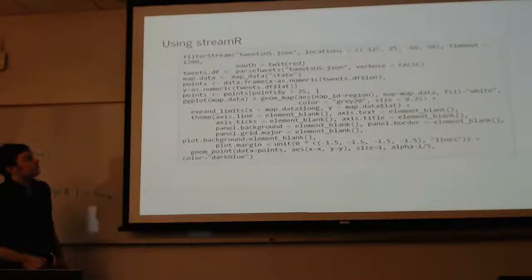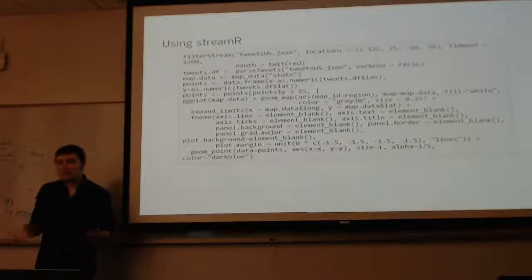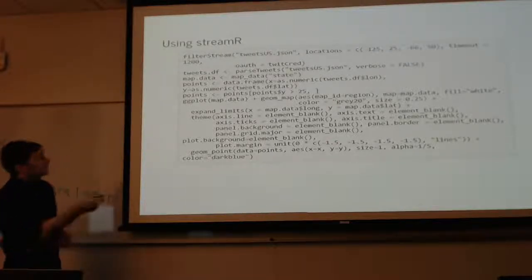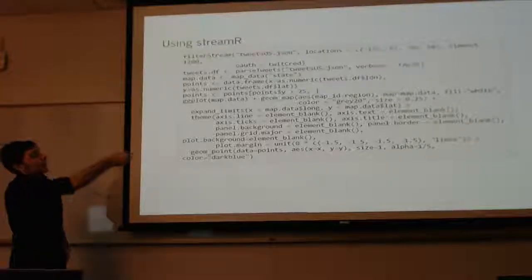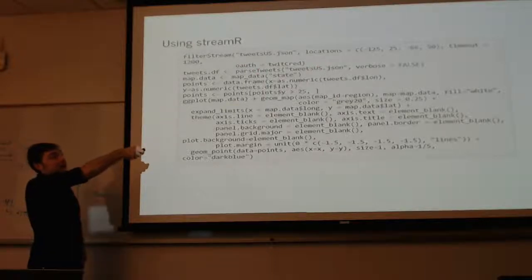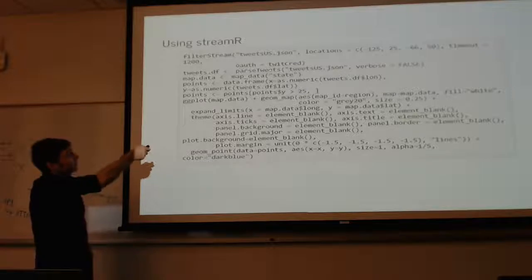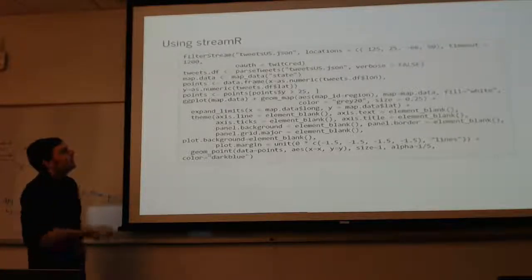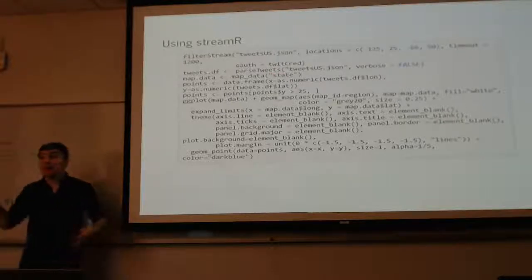Use my Twitter credentials. I let that run. Went off, made a cup of coffee or something like that. Went for a little while. Came back, and now I have this tweetsus.json file. I do parseTweets on that file name, so it's grabbing the file off of my working directory where it was saved. It's going to parse those tweets into a data frame. Then I use the function map_data state to get a map of US states.